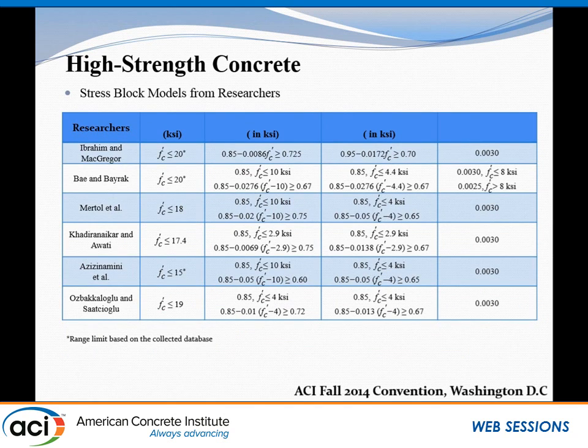The other 6 models listed here are stress block models proposed by researchers. The asterisk next to the f'c here indicates that the upper limit of the concrete strength is determined by us, because the authors do not provide it, and we determined it based on their database.